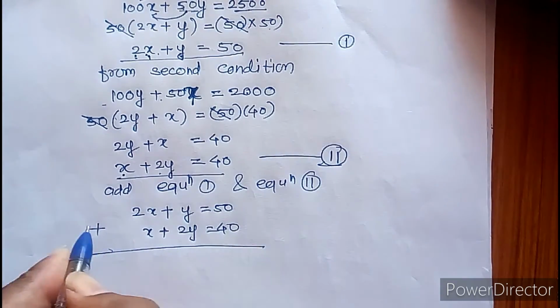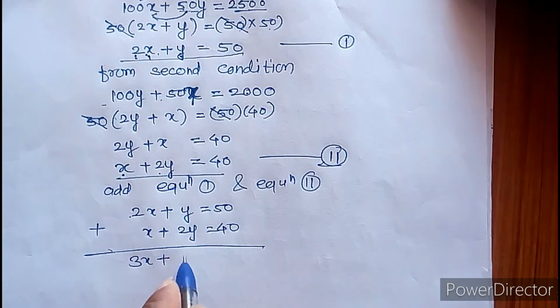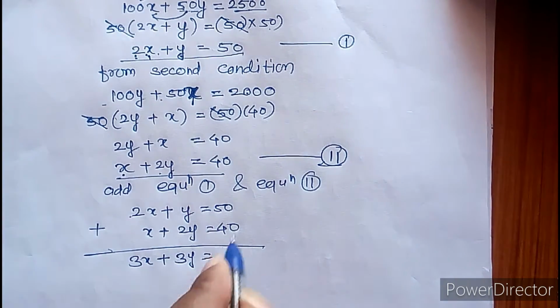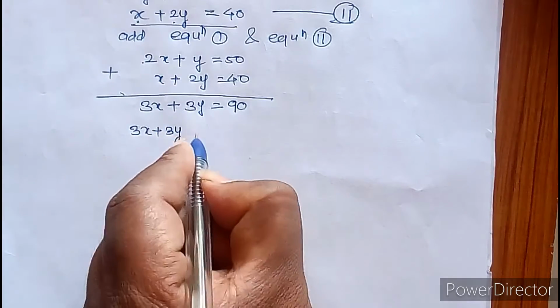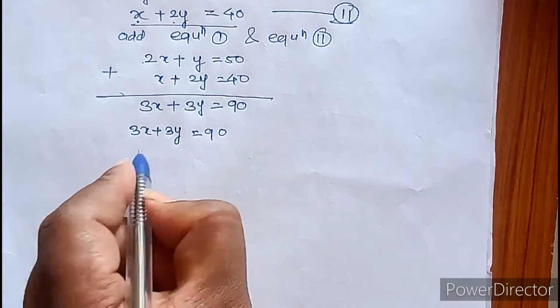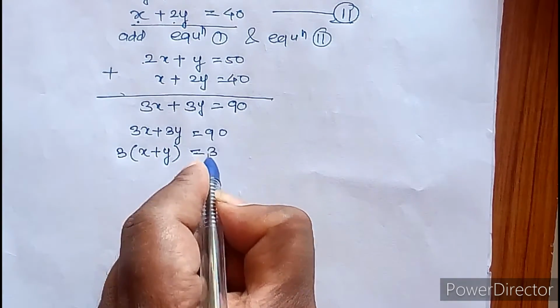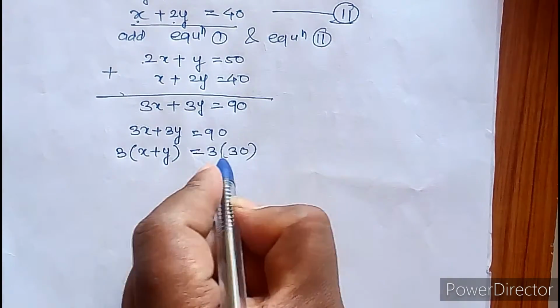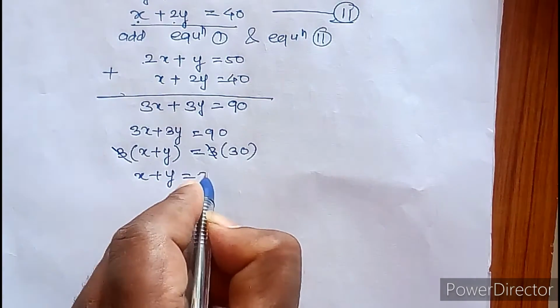Add means you have to give plus sign: 2x plus x is 3x, plus y plus 2y is 3y, equals 50 plus 40, that is 90. We get 3x plus 3y equals 90. Now 3 is common: x plus y equals 3 into 30, that is 90. The 3 gets cancelled, we get x plus y equals 30.